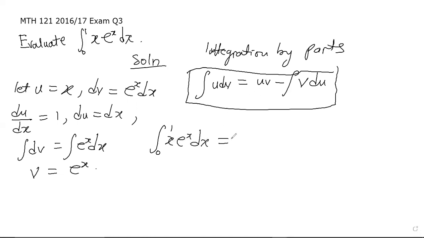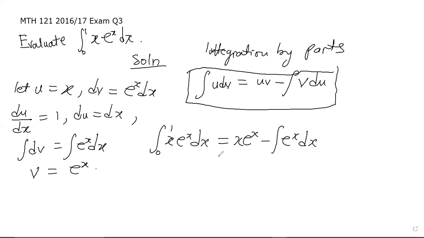Our u is x, our v is e raised to the power of x, minus the integral of v du. Our v is e raised to the power of x, and our du equals dx.